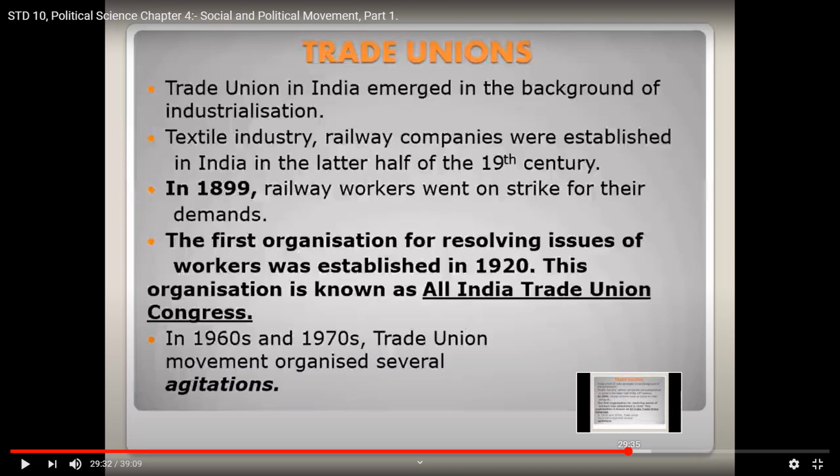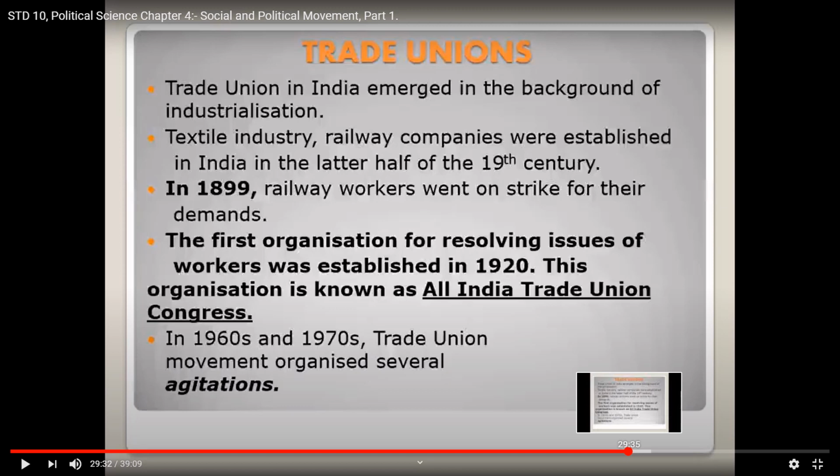The first organization for resolving issues of the workers was established in 1920. So if you see, the trade union dates back to even 1920, and 1890, that is much before our independence. This organization is known as the All India Trade Union Congress.